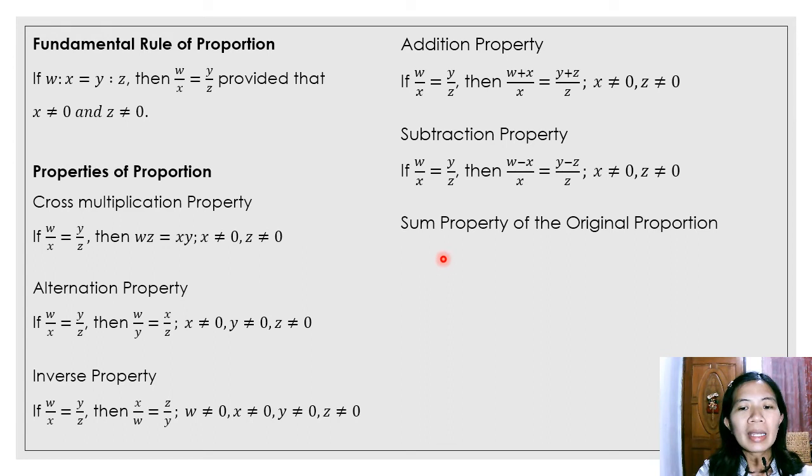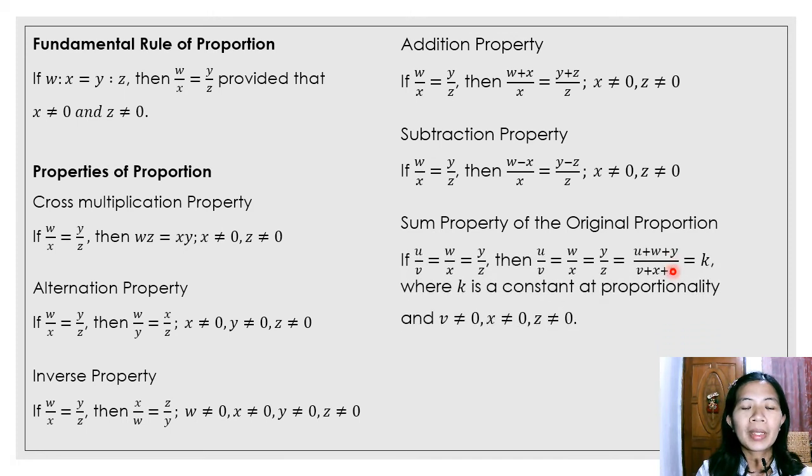Next is the sum property of the original proportion. What is this about?